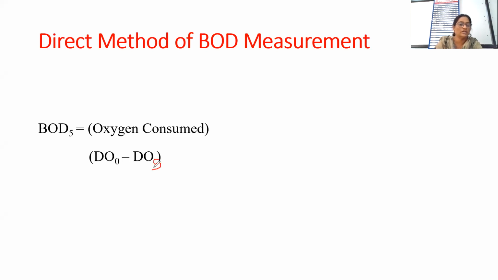Or any other day on which you have calculated, with whatever temperature. That way BOD can be calculated in milligrams per liter. So I request everybody to note down this formula to determine the BOD by using the direct method. The direct method simply measures oxygen consumed.